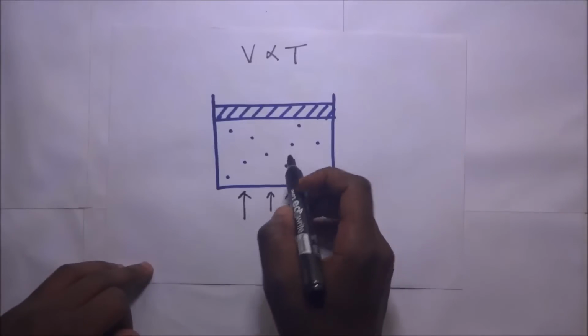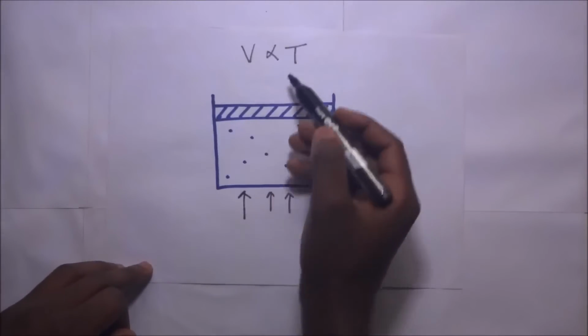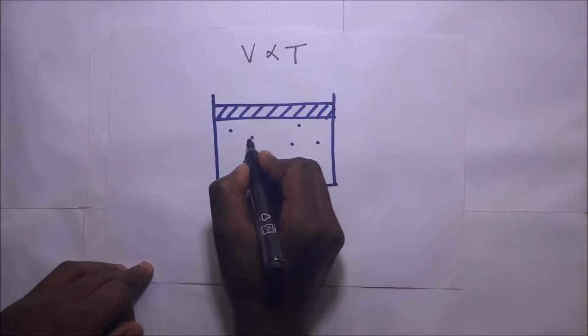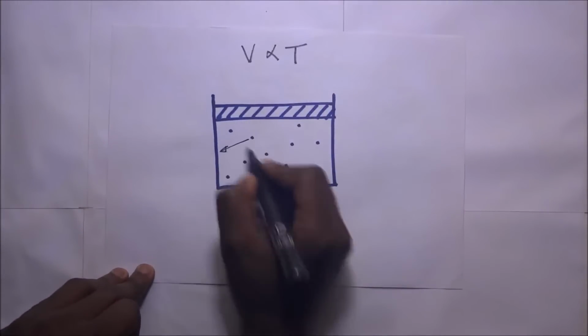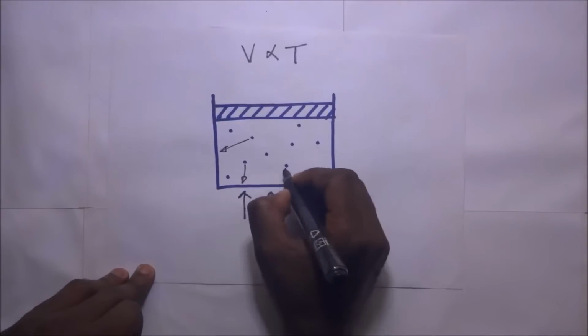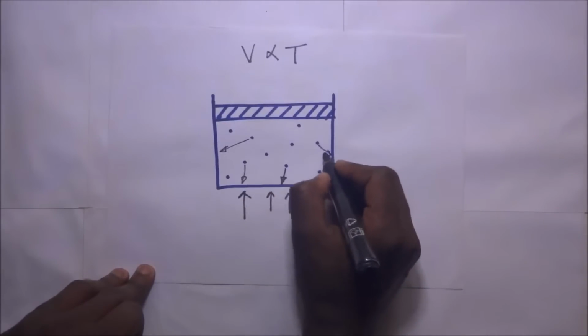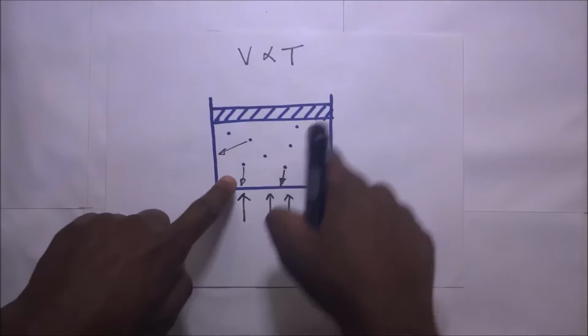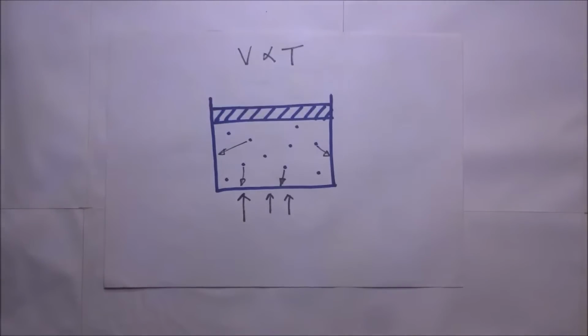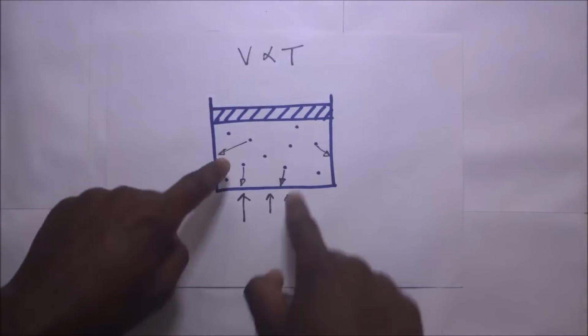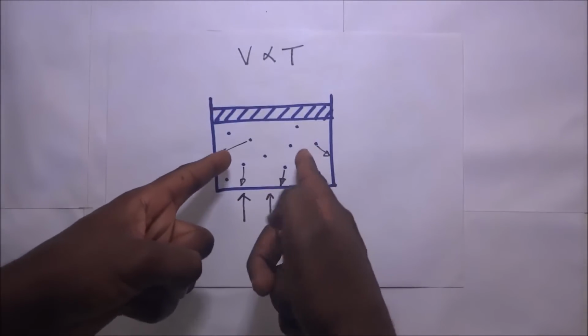The increase in the kinetic energy of these particles because of the increase in temperature means that these particles will be colliding with the walls of the container more often than before. These particles colliding with the walls more often than before means that there's going to be an increase in pressure.